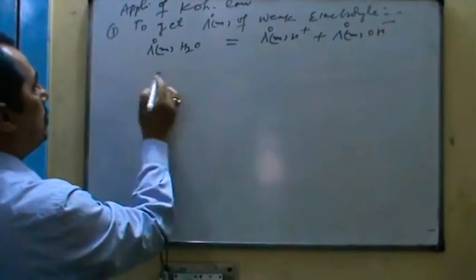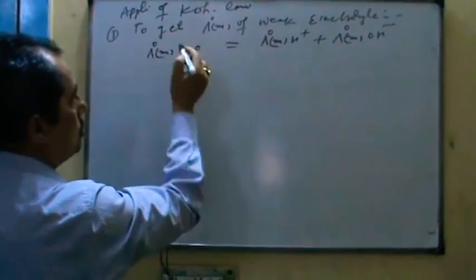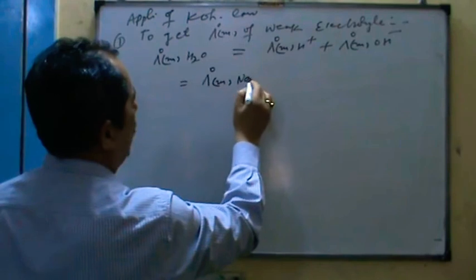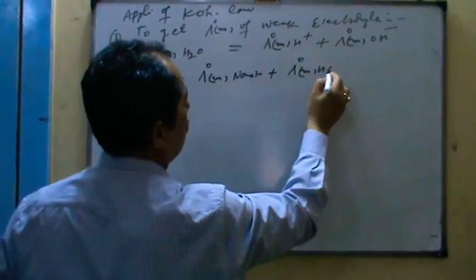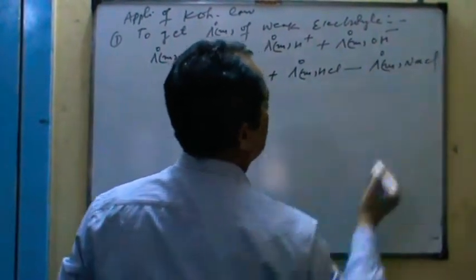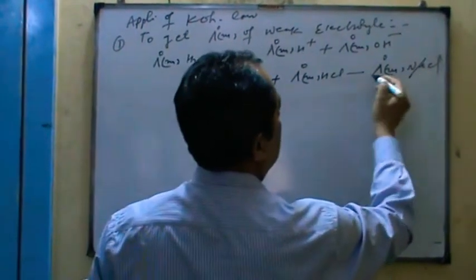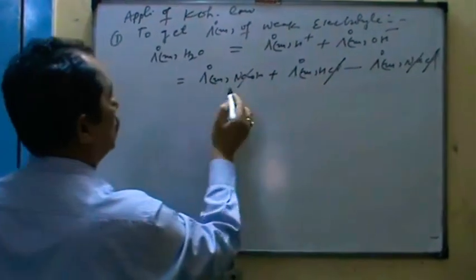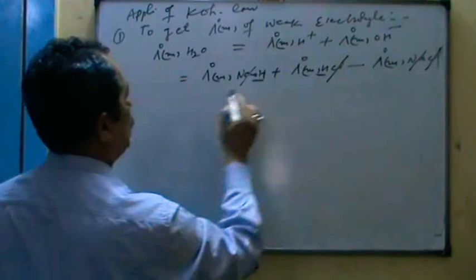So how to calculate this value: limiting molar conductivity of NaOH plus limiting molar conductivity of HCl minus limiting molar conductivity of NaCl. What is common? Na and Na. It is Cl negative and here Cl positive. So what remains? OH negative and H positive.